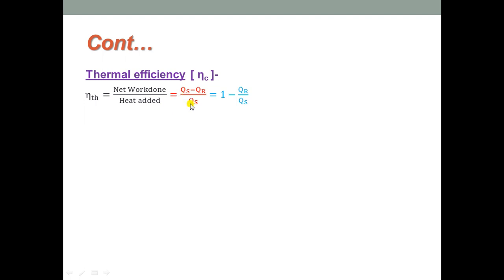Net work done can be written as heat added minus heat rejected, or heat supplied minus heat rejected. After simplification we get 1 minus heat rejected over heat supplied. From the previous slide, we have the expressions for heat rejected and heat supplied. Substituting here, we get thermal efficiency as 1 minus H2 minus H3 over H1 minus H4.